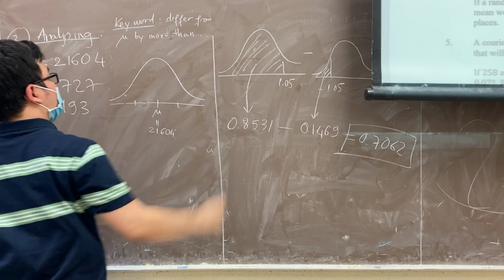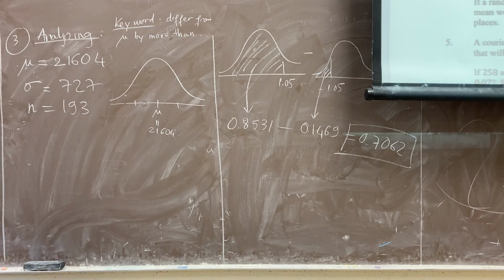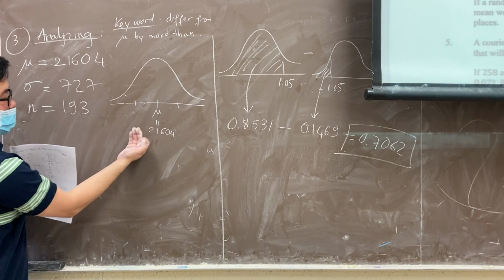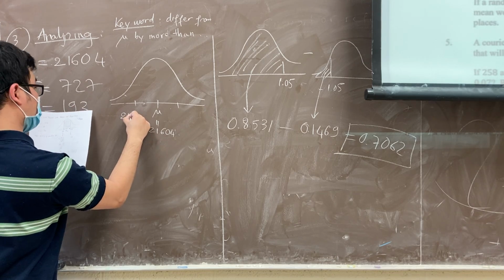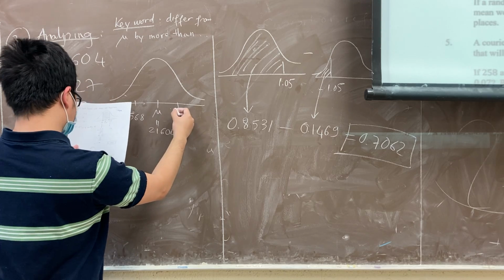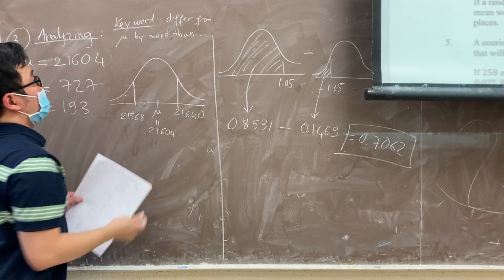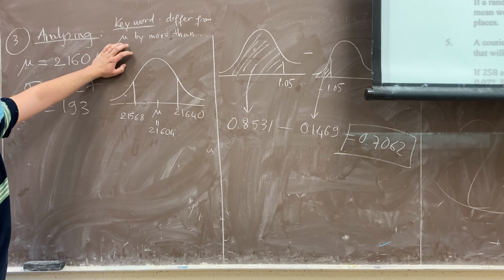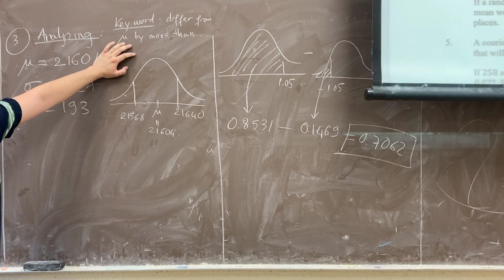Here it is $36, so you use mu minus 36 to get this value, and mu plus 36 to get this value. They want to find the probability that the sample mean would differ from mu by more than 36.